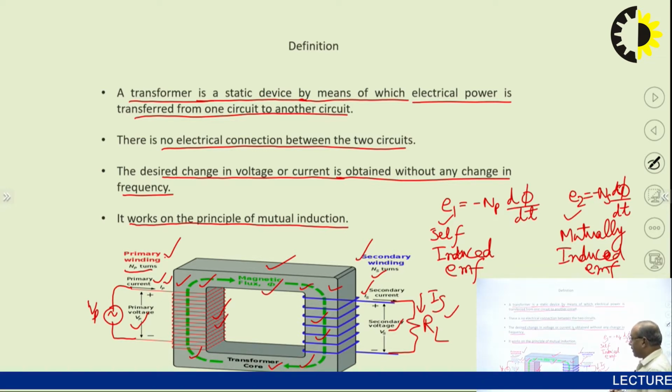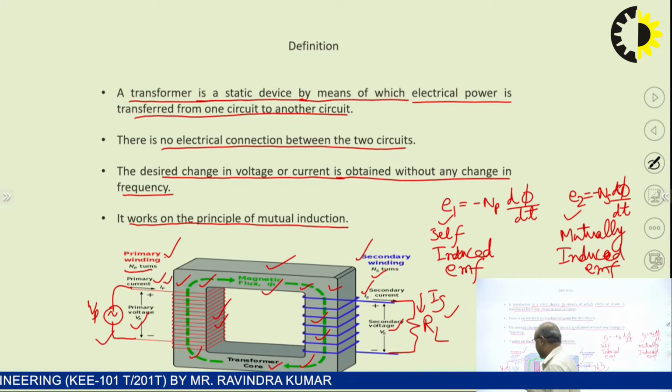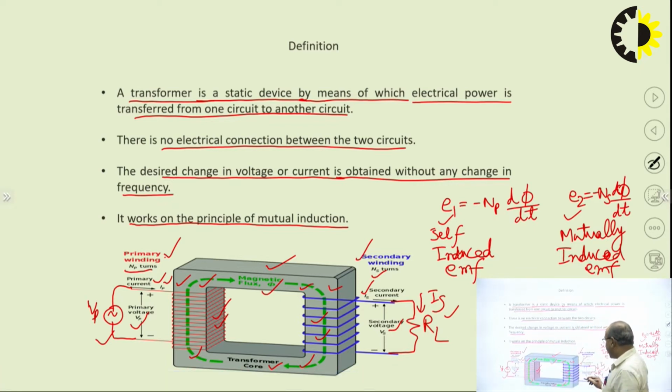So, the power which is input to the primary side is transferred to the secondary side by the process of mutual induction, which is the working principle of a transformer.